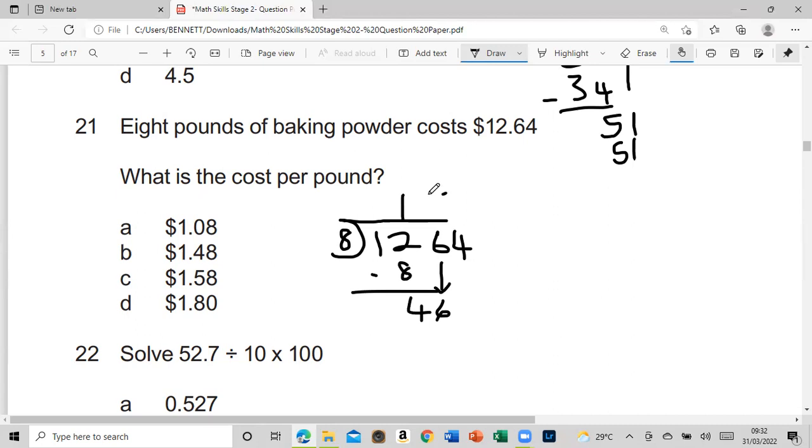So let me see the answer. $1.50. I'm just going to continue doing 5 8s are 40. Subtract to get 6. Carry down the 4. Get 64. 8 into that, right? A decimal point. So that's $1.58.